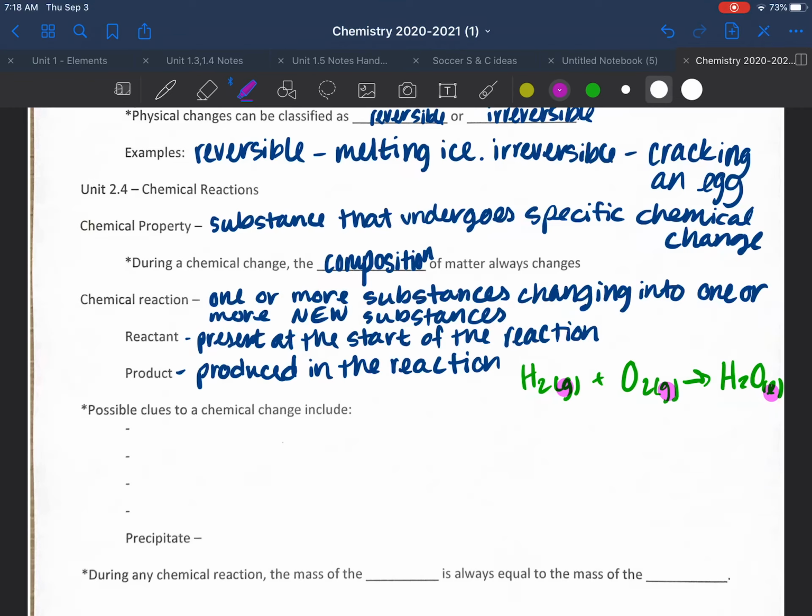So, what are the reactants? Hydrogen and oxygen are our reactants.